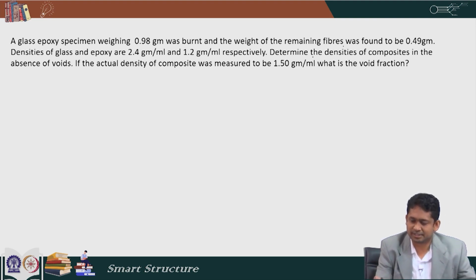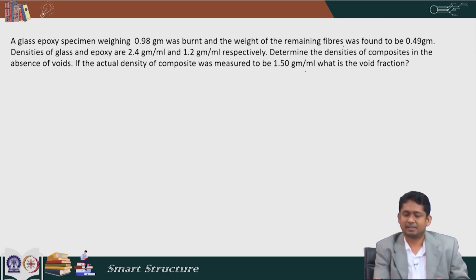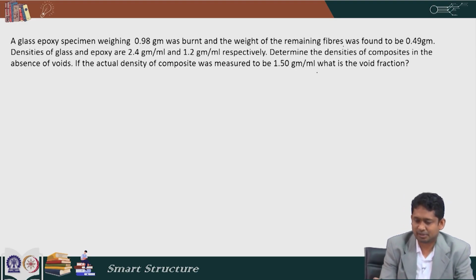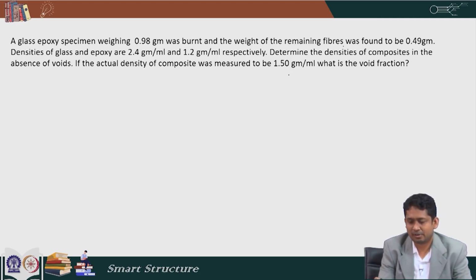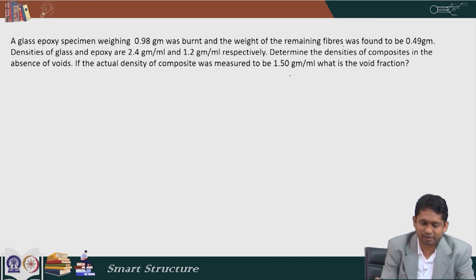We have to find out the density of the composite in the absence of void, and then it says that if the density of the composite is given as 1.5 gram per milliliter, which is obtained experimentally, then what is the void fraction? So, if the experimentally obtained density is less than what we get analytically, that means there is some void which is causing the less density, and we have to find out the void fraction.